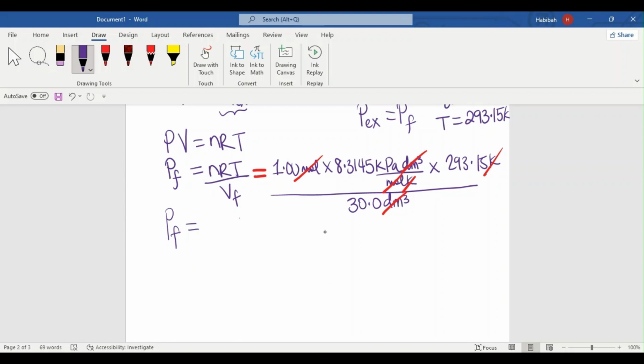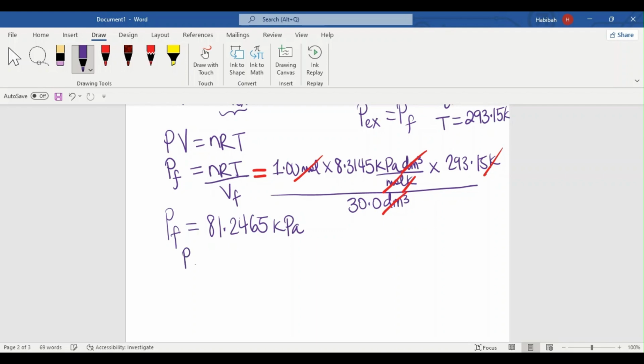Whatever this answer is going to be is the answer for the P final that we're going to need to solve for the work. So this is just part of the process. When we do that, we have 81.2465 kilopascal. So this is actually the pressure.